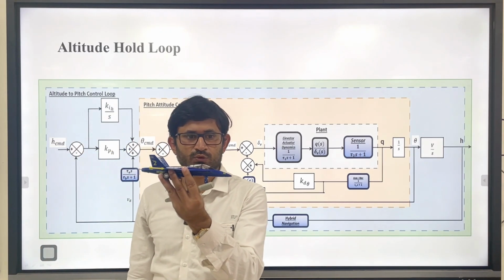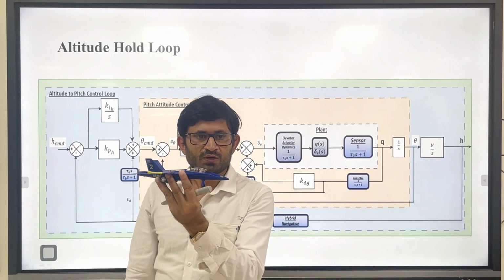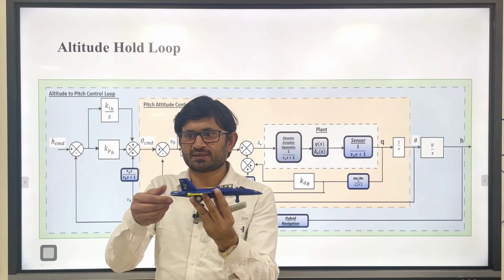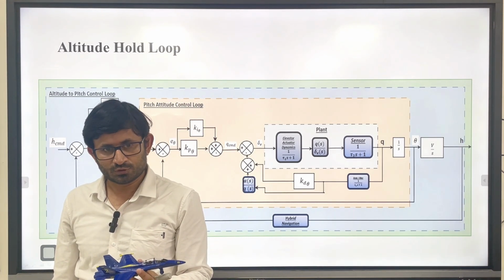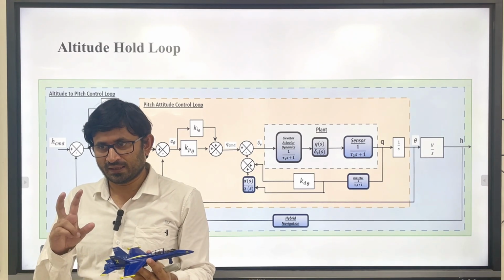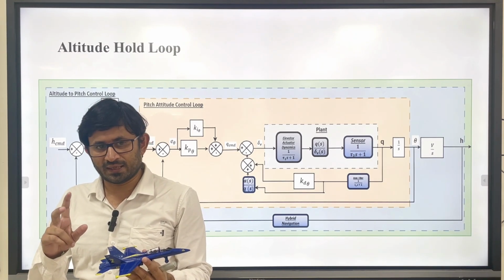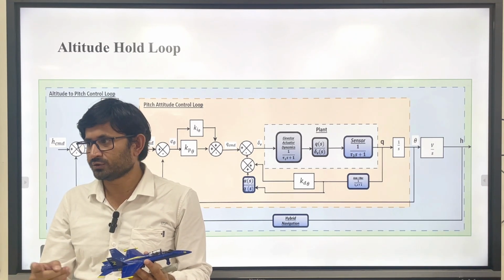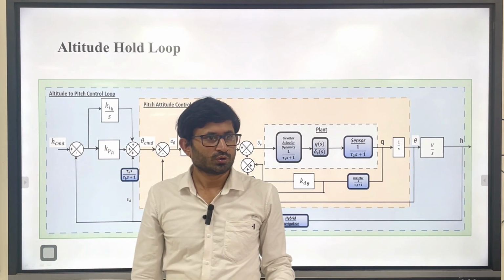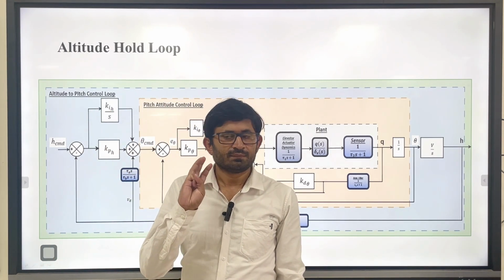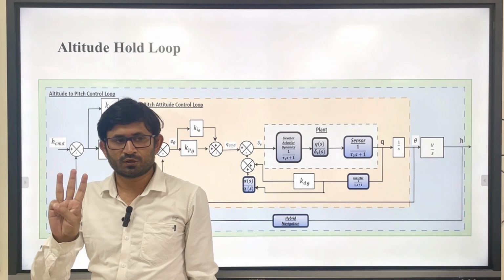And once you attain cruise flight, that means velocity is controlled by thrust and pitch is controlled by what? Elevator. So you can see the use of elevator and throttle is different in climb, and different in cruise. So we have three major control loops in the longitudinal phase.